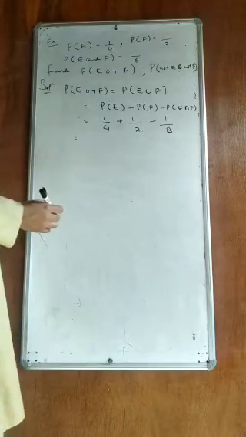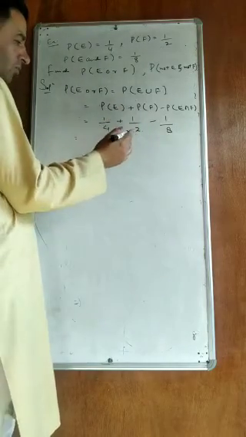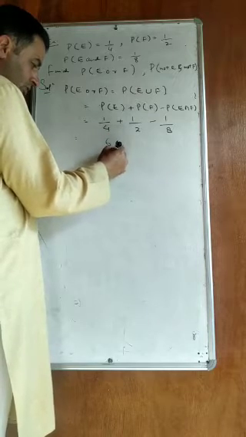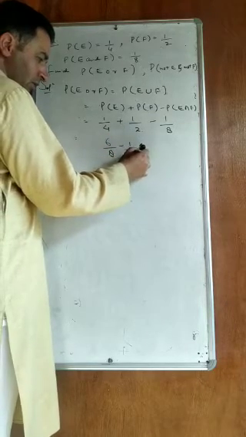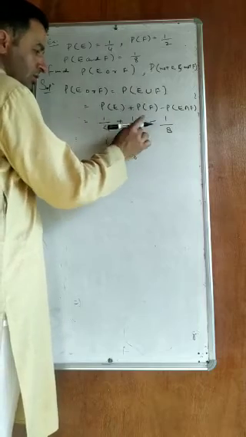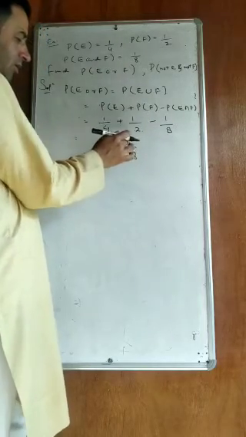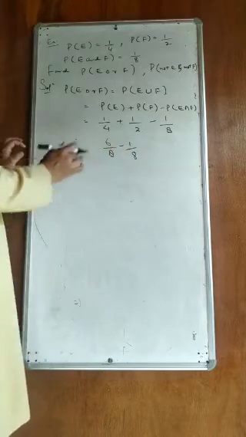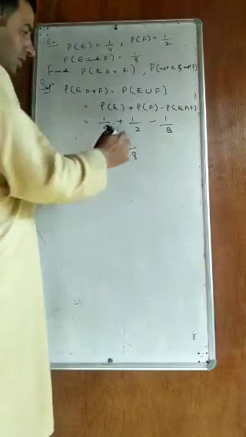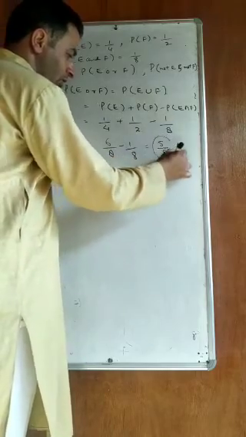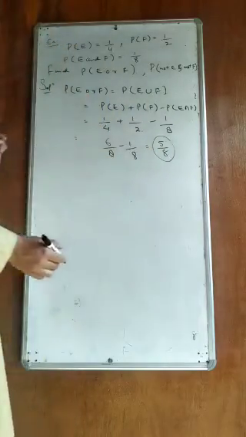The LCM is 8, so 2 plus 4 is 6 divided by 8 minus 1 by 8, that is 5 by 8 is the probability of E or F.